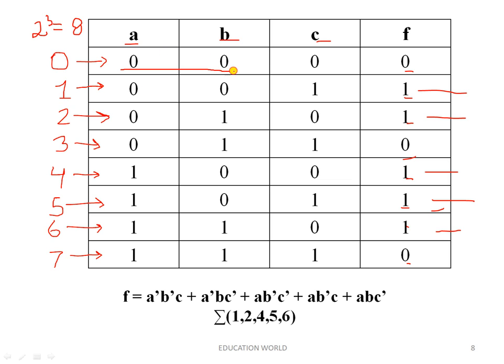If we see the rows, these are the binary values and these are the decimal equivalents of it. To convert these binary values into decimal equivalents, there is a shortcut trick.